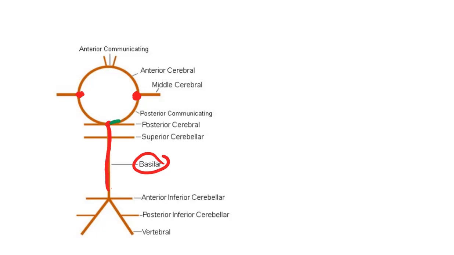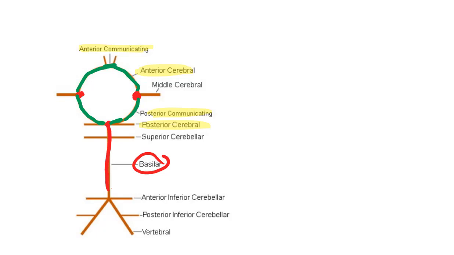So we have this first part here of the posterior cerebral artery, and that's on both sides, and then we continue anterior using this posterior communicating artery, and then we continue forward using the anterior cerebral artery, and finally what closes the circle here is this anterior communicating artery.